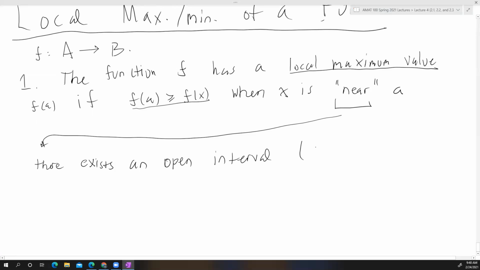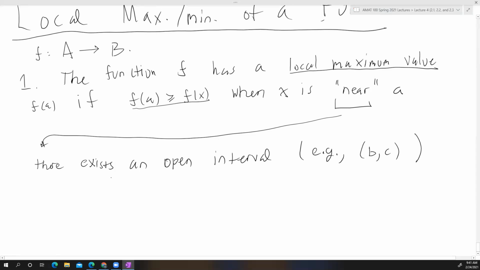So for example, it could be, I don't know, say open interval B to C. So this is the open interval from B to C, all the points between B and C.